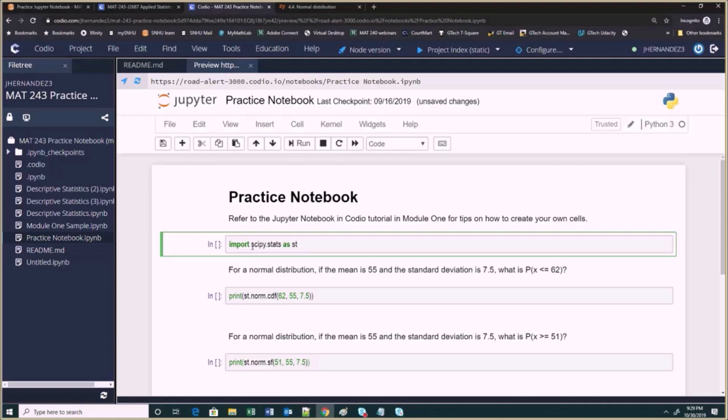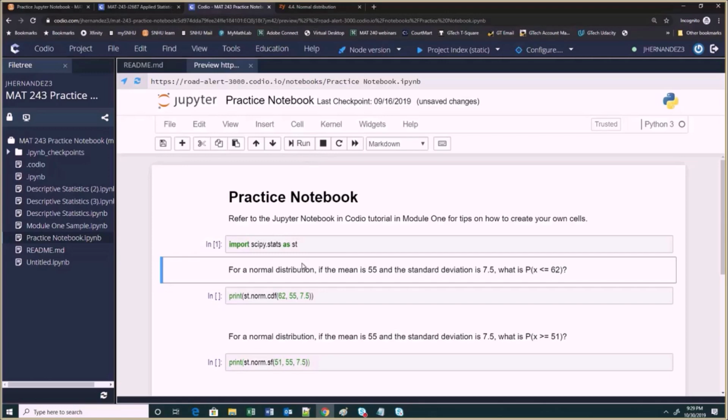In the case of the normal distribution, the functions that calculate these various scenarios are included in the module called SciPy, and the submodule is scipy.stats. So I will first import this, and then we will be able to do the various calculations.